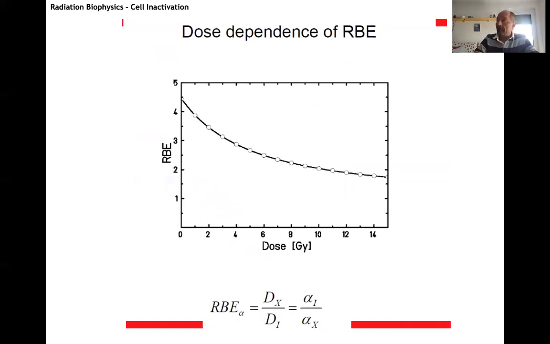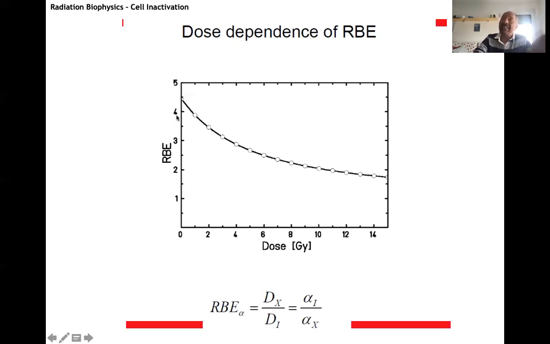So, as I told you before, the RBE depends on the survival level. This can also mean it depends on the dose. This is an example of dependence on the dose, but how steep this dependence is depends on the sensitivity of the curve to photons.